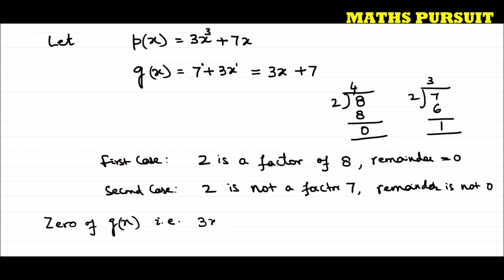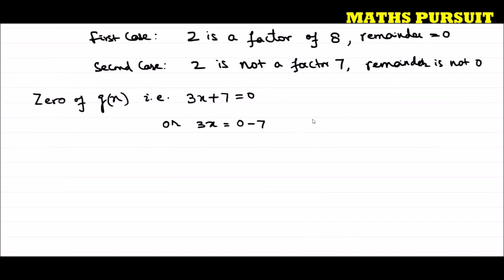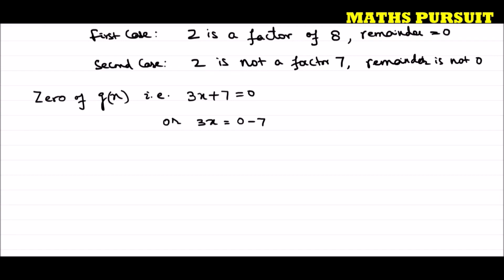That is, 3x plus 7 is equal to 0, or I can write 3x is equal to 0 minus 7, or 3x is equal to minus 7, or x is equal to minus 7 upon 3.